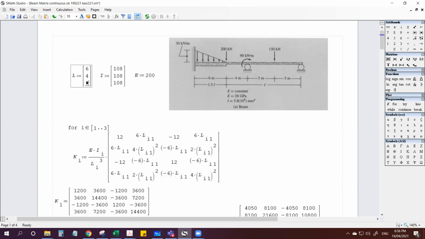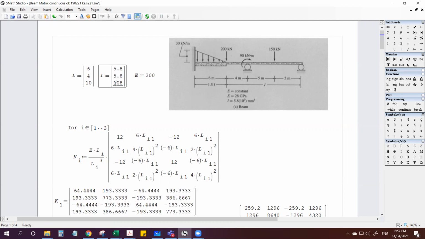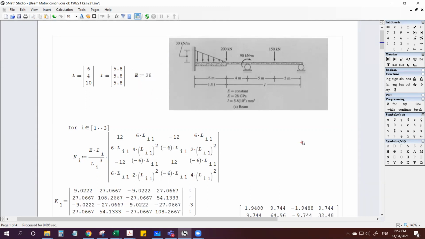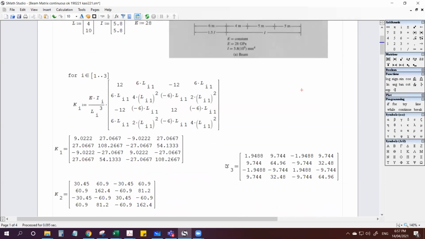How about the inertia? It should be 5.8 times 10 raised to 9. I think this should only be 5.8; I'll check the exponent of our previous problem if consistent with this. And the elasticity is only 28 gigapascal, so I'll change this to 28. Now I can generate the K1, K2, K3.